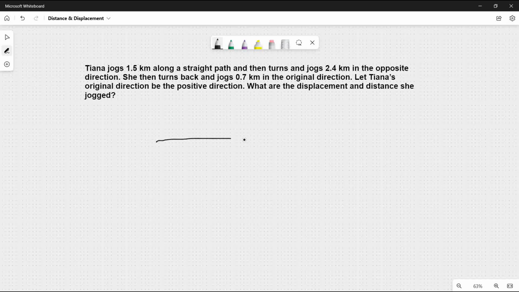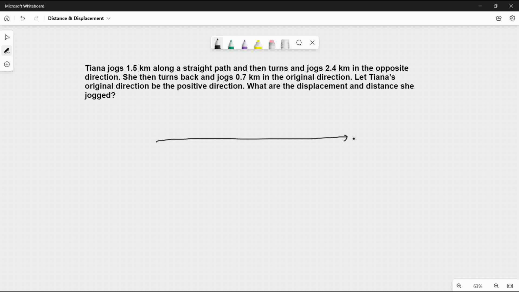Okay, so it says here that Tiana's original direction, or the straight path, is positive. So she jogs 1.5 kilometers along that straight path, which is a positive. Then turns around, jogs for 2.4 kilometers in the opposite direction, a negative.